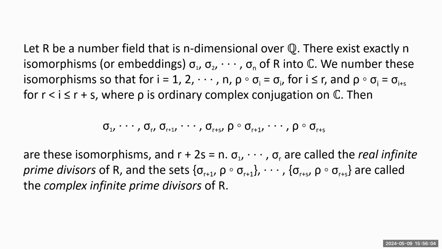Sigma 1 to sigma r will be the real embeddings, embeddings from R to the real numbers. The rest will be the complex embeddings, from this number field to the complex field. Certainly r may be 0, and the number of complex embeddings may be 0. That's possible.